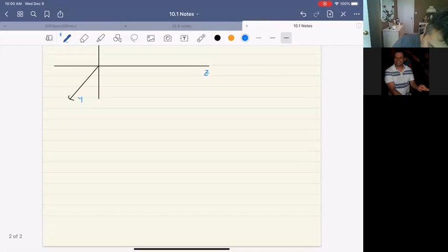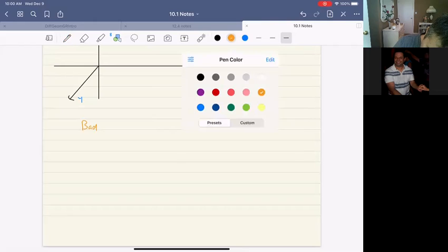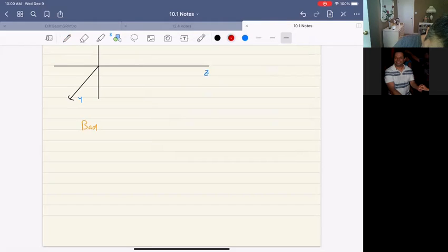Okay. So now let's see what happens if I try this one. This one's bad. This is going to be one of the bad ones. So let's do that in red. Okay, so let's try putting X here, Y here, and Z here. And what happens?